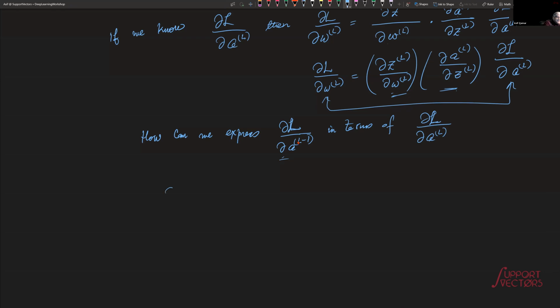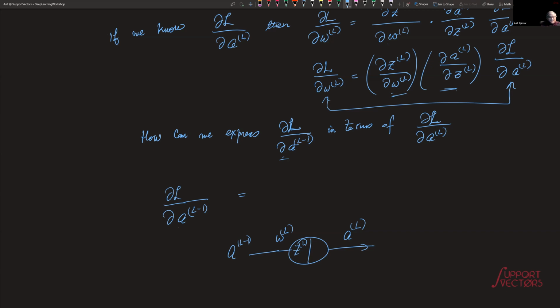Let's look at that. If I change the activation in the previous layer a little bit, let's think through this. A^(L-1) is feeding into the next neuron, which has a weight W^L, and it will therefore affect the Z^L, and then the output, the activation of this layer, will get affected.